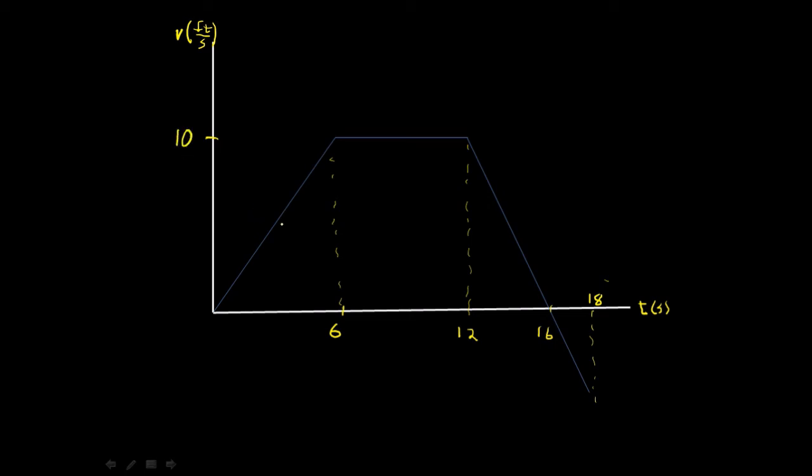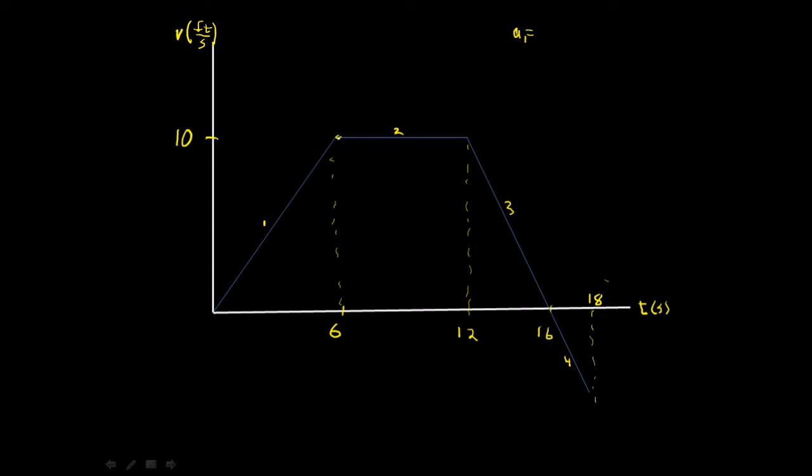Okay? Let's find the acceleration at the various locations along this graph. Well, right here, let's call this section 1. We'll call this section 2. This is section 3, and this is section 4. The acceleration in section 1 is just the slope.